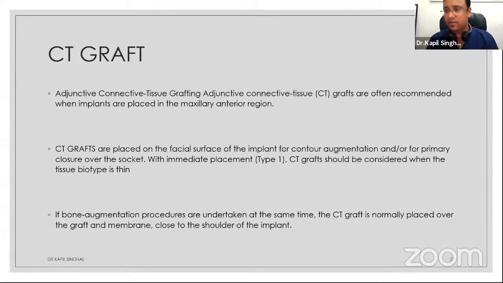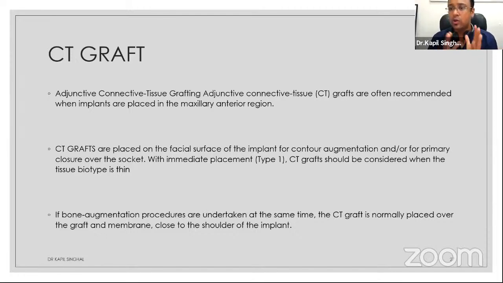So to compensate for that bone loss, especially in cases when the tissue architecture is less, it is important to do a connective tissue graft. This connective tissue graft can be done simultaneously with implant placement, or at a time before the prosthetic phase during stage 2.